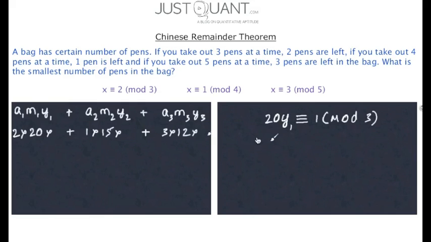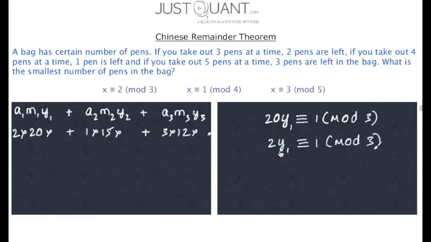Hence simplifying we can write 2 times y1 is congruent to 1 mod 3. Now in order to get the value of y1 we need to convert its coefficient to 1. Here we know that 4 when divided by 3 gives us a remainder 1.